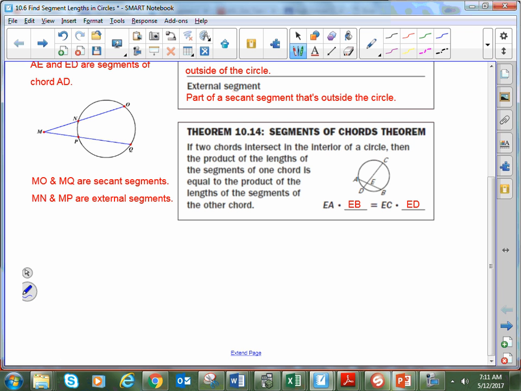What we're noticing is that if I take one segment of a chord, multiply it to the other segment of the same chord, it will equal the other two segments of the chord that it intersects when I multiply those together. And that is one of the first properties that we're going to be looking at as far as the lengths of segments of circles.